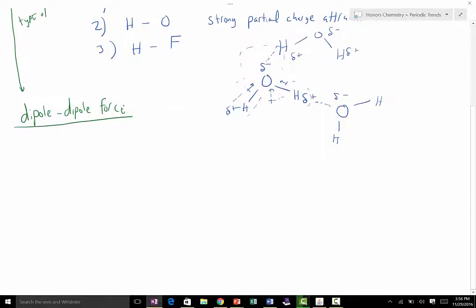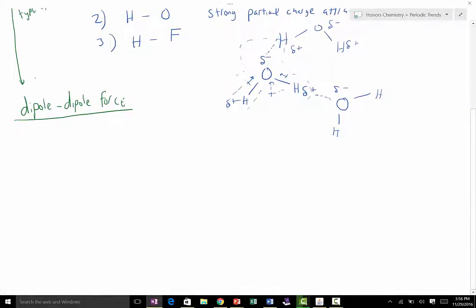Okay, so what is a dipole-dipole force? A dipole-dipole force is a force of attraction that occurs between all polar molecules. Between all polar molecules.